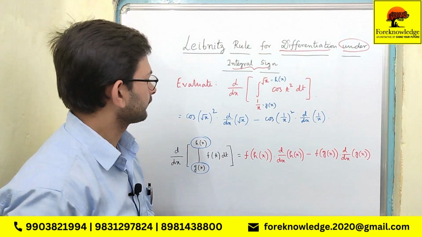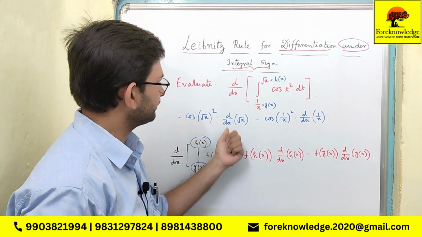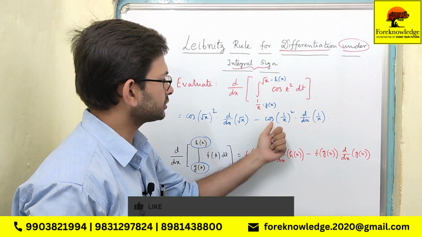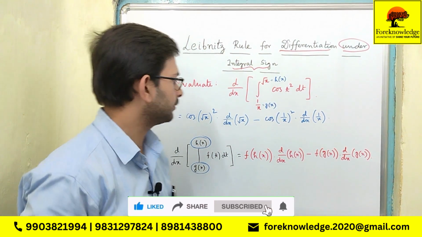Simple: f of upper limit into derivative of upper limit minus f of lower limit into derivative of lower limit.